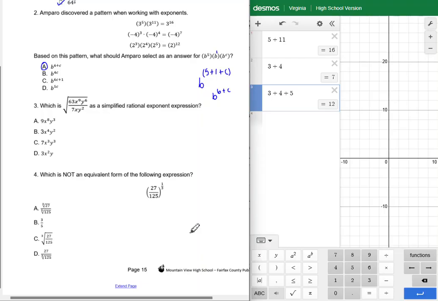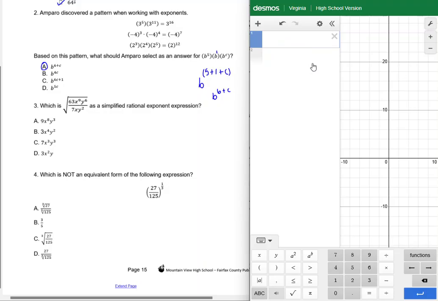Couple more here. What is this expression simplified as a simplified rational exponent expression? Basically I don't want any radicals in here. So to simplify this, I'm going to simplify underneath the radical first and then see what else I can do.